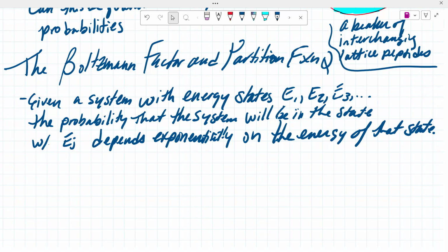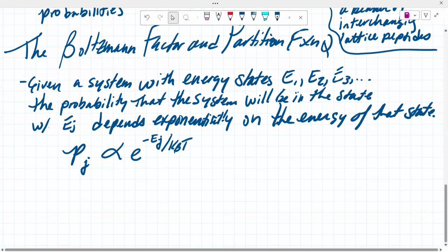All right, so we're going to have P_J is proportional to, now we've seen this symbol before, proportional to e to the negative E_J over kBT. Now, what exactly is this? This is k subscript B times T. So let's write this stuff out.